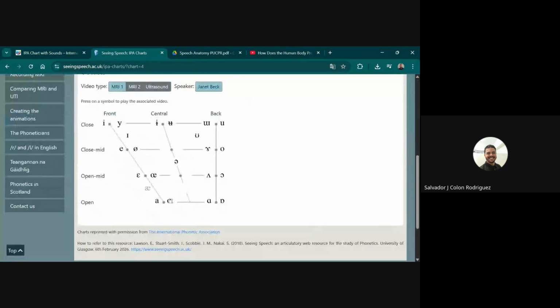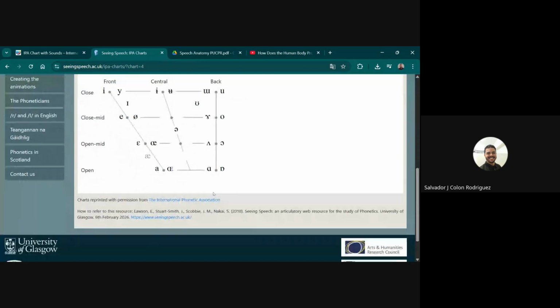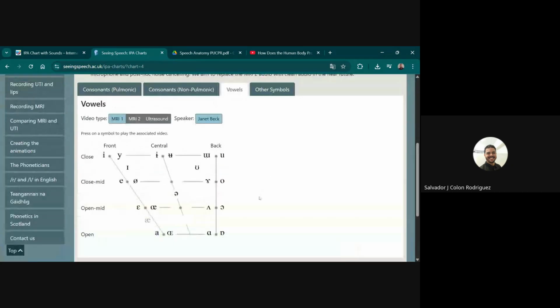If we see something like this, this table is a vowel chart, and this will basically resemble the position of your tongue. So it depends where is the movement, it'll be the production of a particular sound.